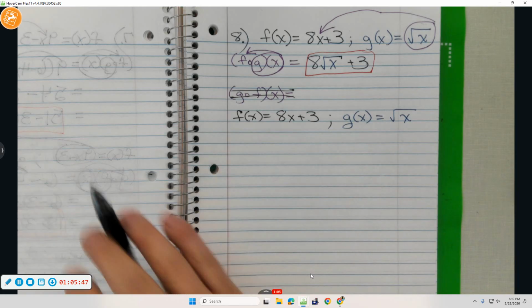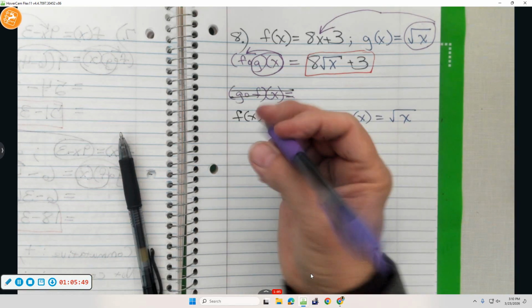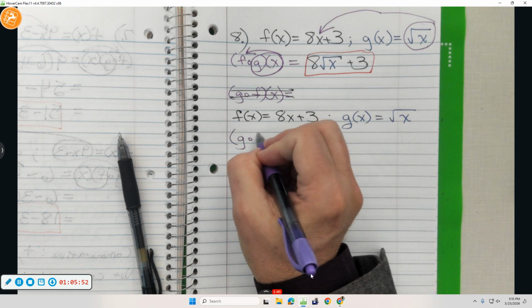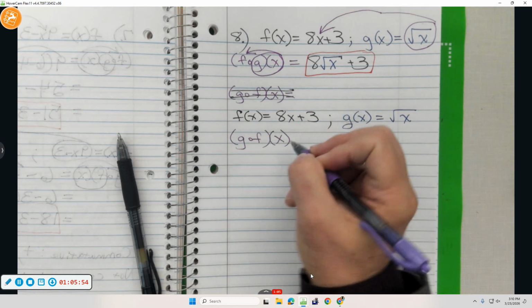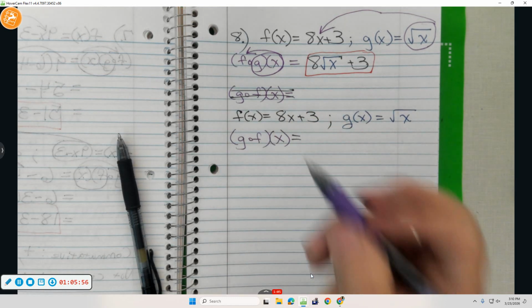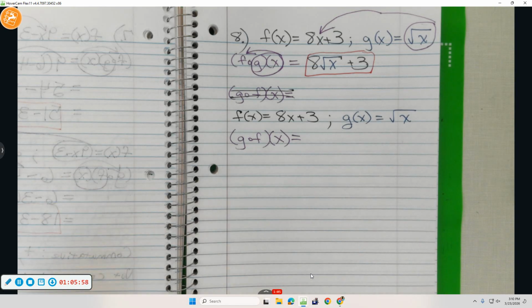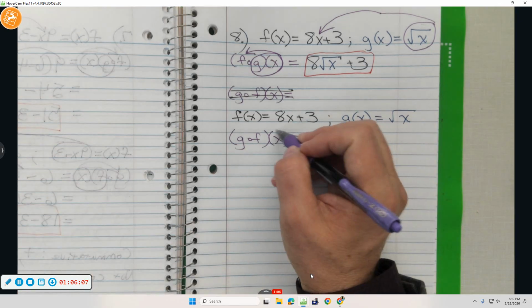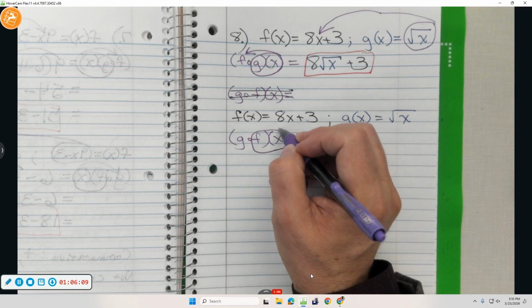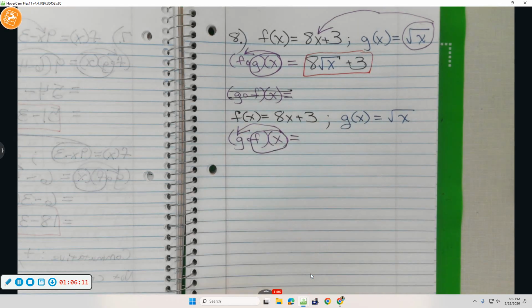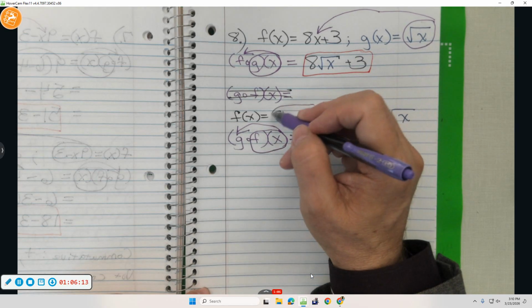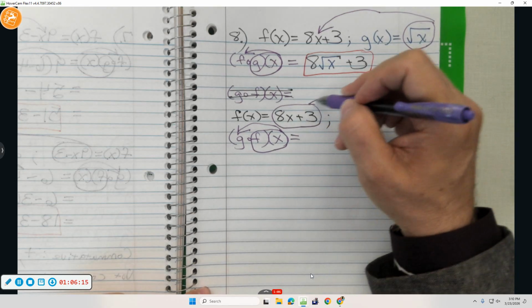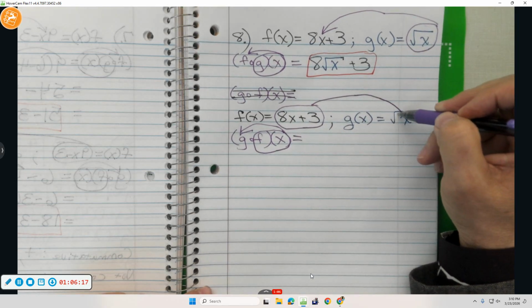We want to find G composed with F. That says we're going to take blank and plug it into blank. Which function are we going to plug into which function? We're going to take f of x and plug it into g.